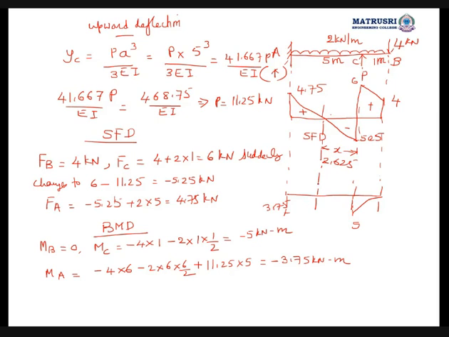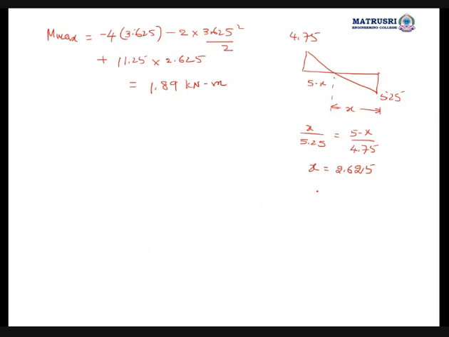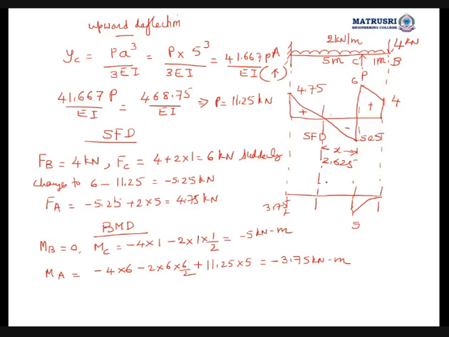Then the bending moment you got, 1.89. So how can you draw this one? It is a parabola. Plus, minus. So this is about the bending moment diagram.